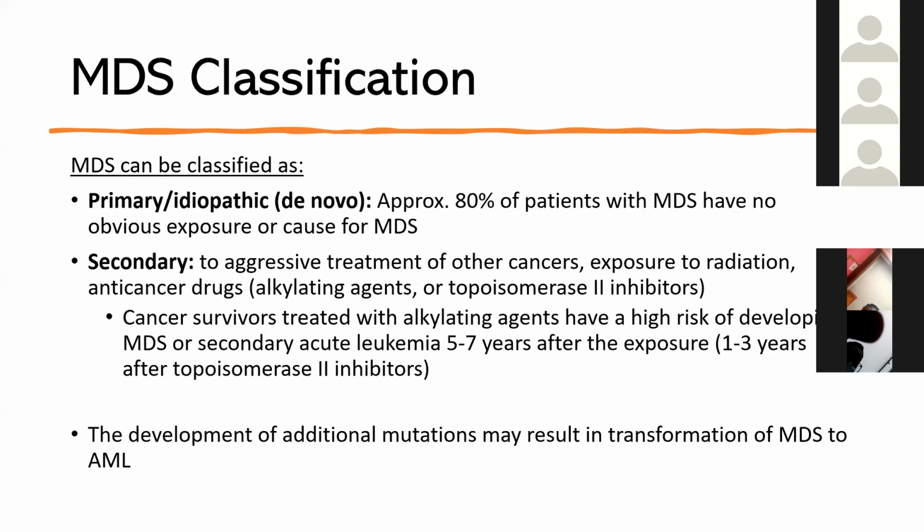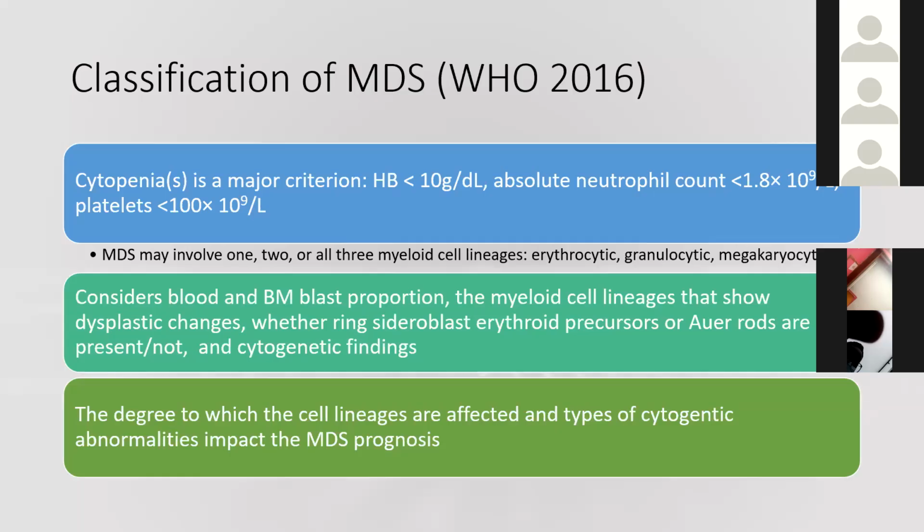So that is a very broad classification. I think that one is not too hard for you to know. Before we go to the more complex one, which you'll be forgiven if you don't remember everything, but if you have an idea of how the more complex classification goes. Now, this is the 2016 WHO classification, which was modified from the 2008 WHO classification.